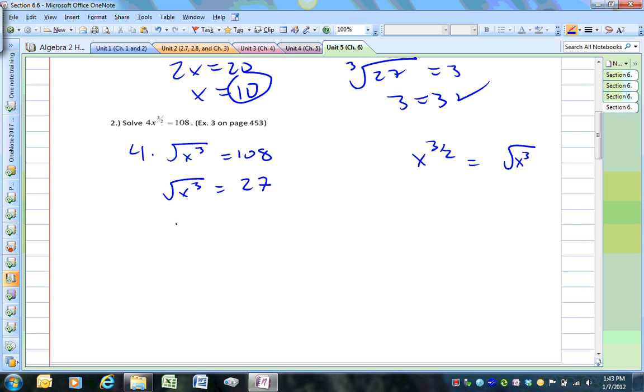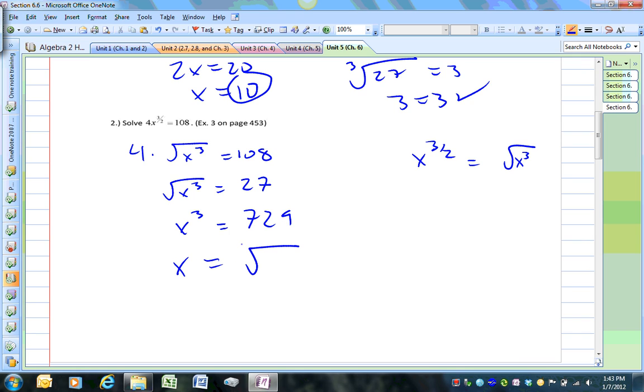Square both sides, which actually does get to be pretty nasty here. So my human calculator skills are a little rusty, so let me get my trusty calculator. 27 squared is 729.